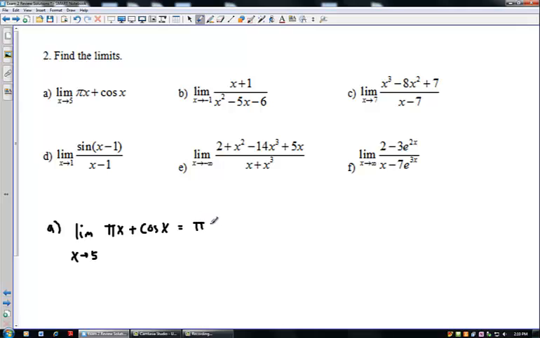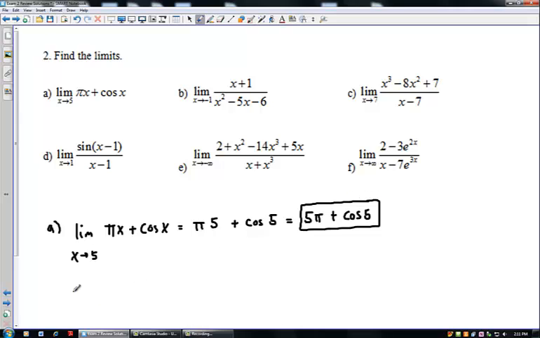So I have pi times 5 plus cosine of 5, which I'd probably write as 5 pi plus cosine of 5. And that's just some number. Although it may seem strange to you, the limit says that's the answer. If you plug the number in and you get out an answer that's reasonable, that's your answer.